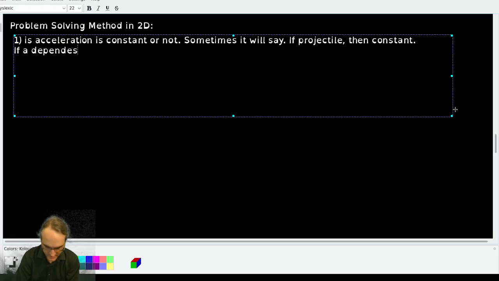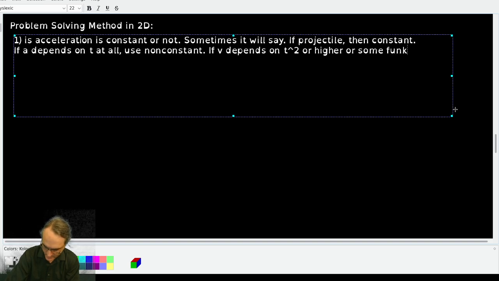If acceleration depends on t at all, you'll have to use the non-constant rules discussed previously. If v depends on t squared or higher or some funky function of time, like an exponential or a sine, cosine, tangent, then it's non-constant.